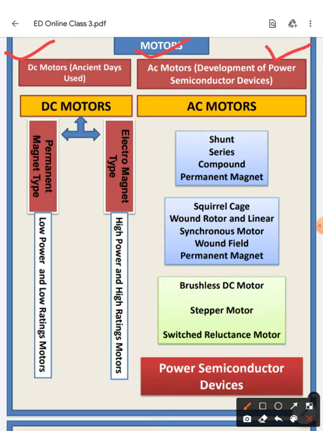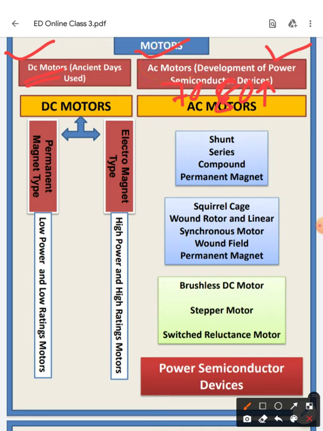And as we all know, there is development of power semiconductor devices nowadays, so we can directly go for AC motors instead of DC motors. So in most industries nowadays, 70 to 80% or more than 80% of drive systems are driven by AC motors instead of DC motors, right?